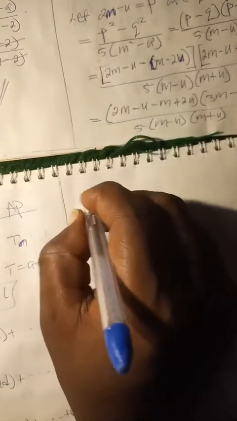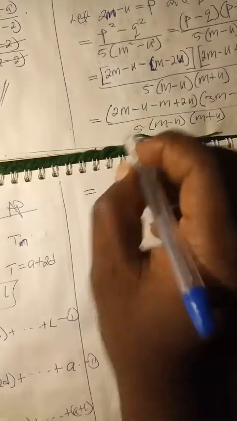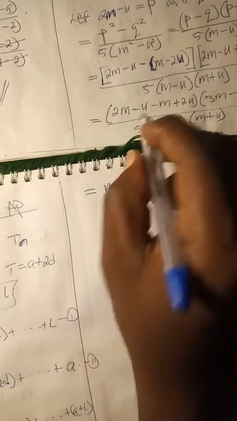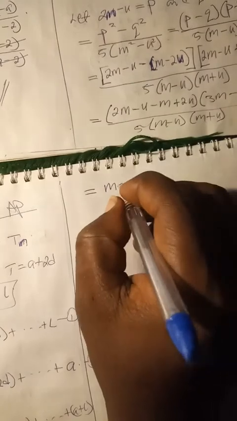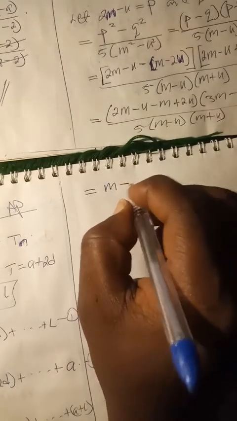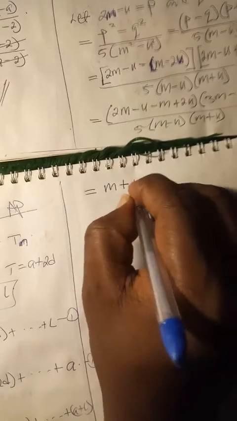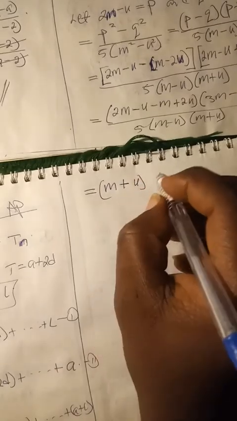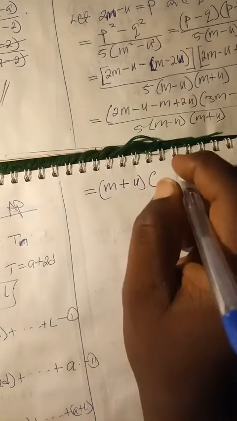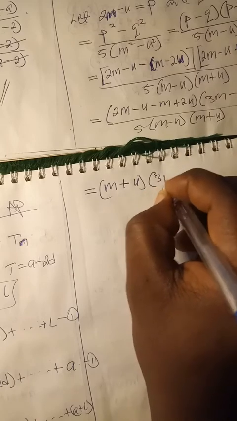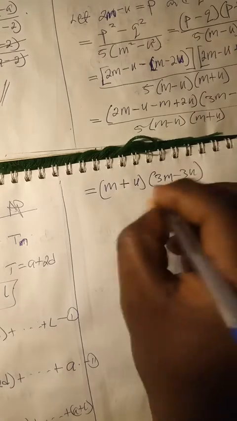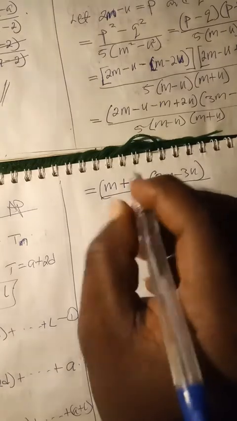This is going to be equal to 2m minus m is going to be m. Then minus u plus 2u is going to be plus u, right? Like this. That's what is going to be there. So here I have 3m minus 3u. Obviously 3 can factor out, so we'll do that in the next step.